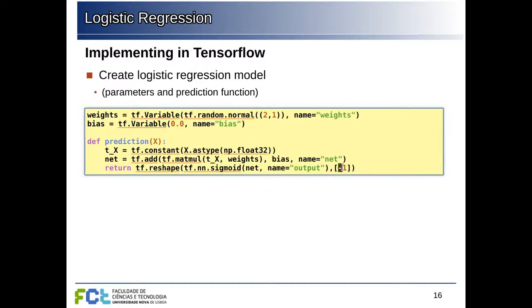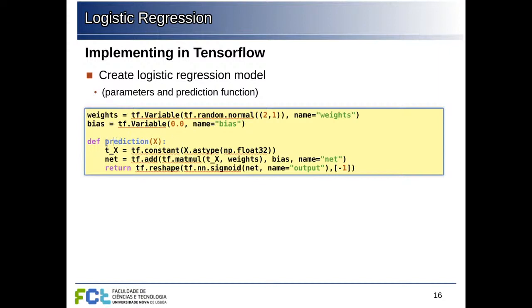And this -1 indicates that we want as many elements as necessary to put this in a single dimension. This doesn't change much the shape because it was already one column, but it prevents it from being a two-dimensional matrix, and it's now a one-dimensional array with all the outputs of our sigmoid function, of our neuron, for all the examples we put in here.